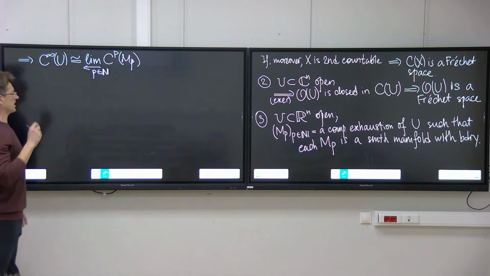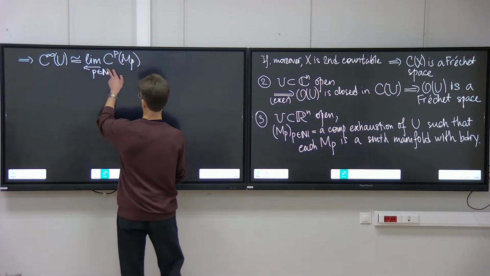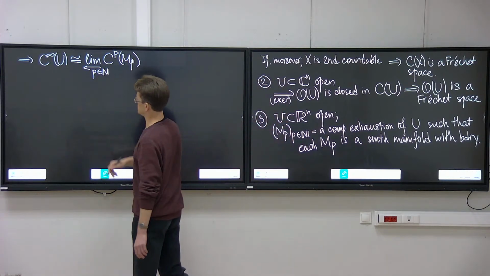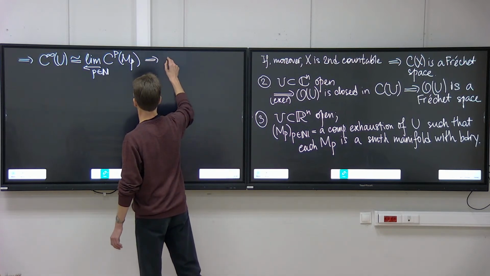This was discussed in detail in the case of the real line two lectures ago. And since this is a Banach space for the natural norm, we see that C infinity of U is a projective limit of Banach spaces, and so it is a Fréchet space.